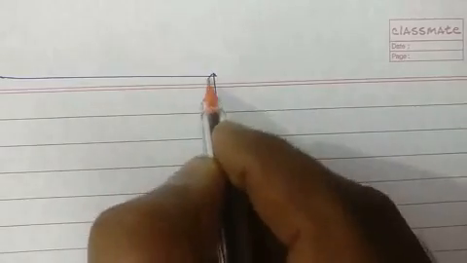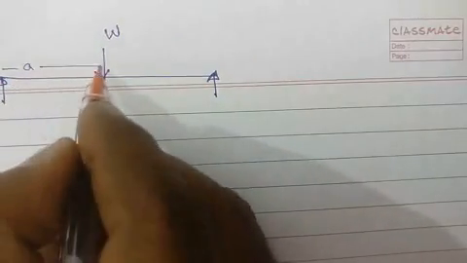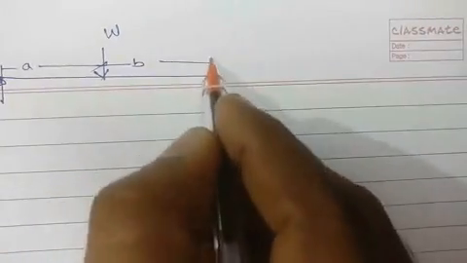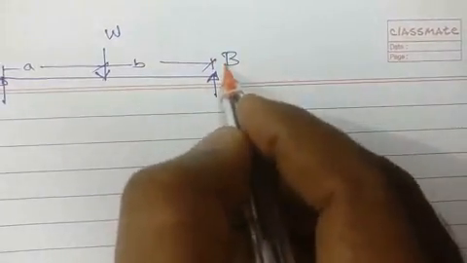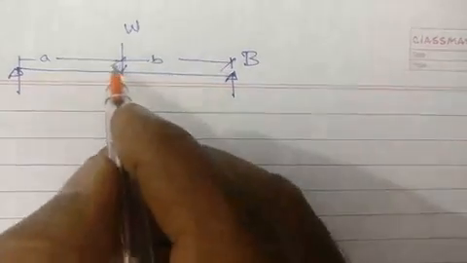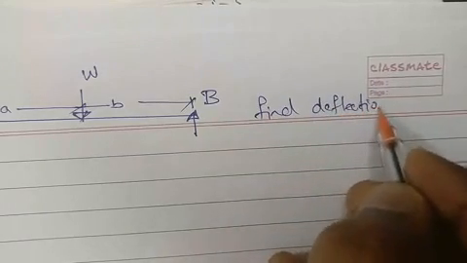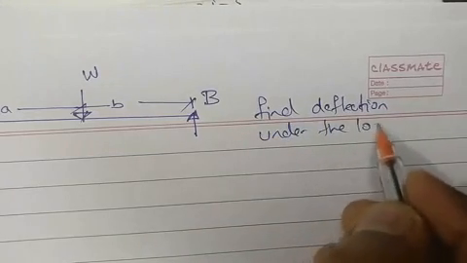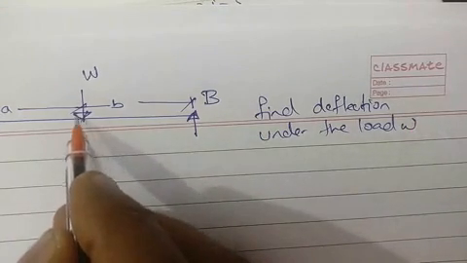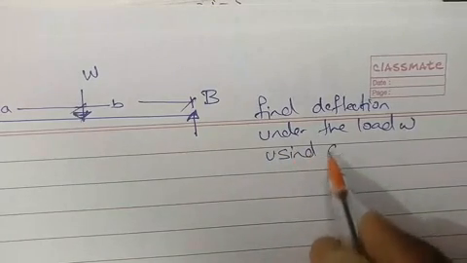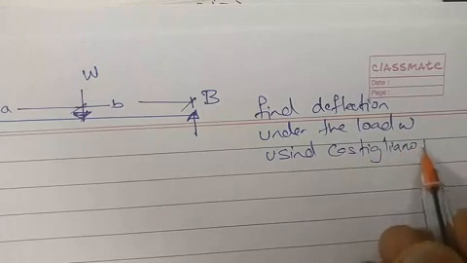The next problem is simply supported beam, load W, this is A, this is B. Find deflection under the load W. What will be the deflection at this point using Castigliano's theorem?